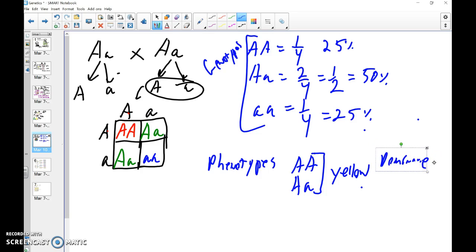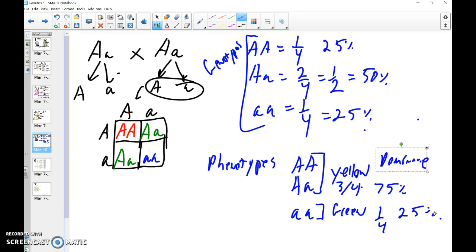The big A is able to hide the little a. All right? Now, also, you have little a little a, which appears green. So when you look at this chart, 3 out of the 4, or 75%, are yellow. 1 out of 4, or 25%, are green.